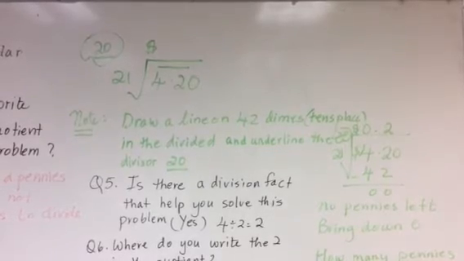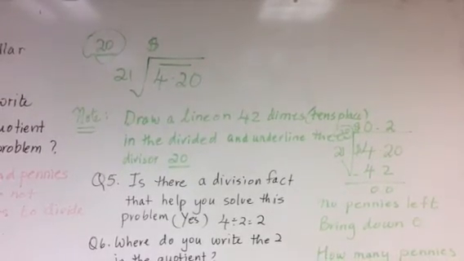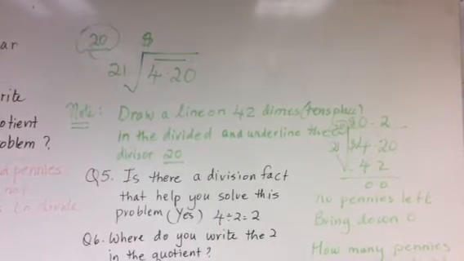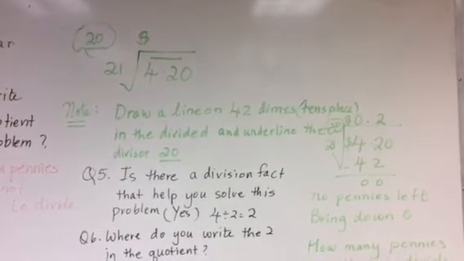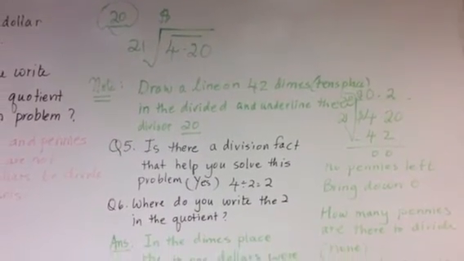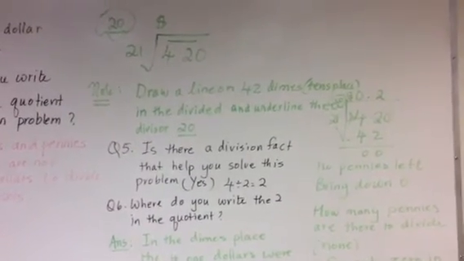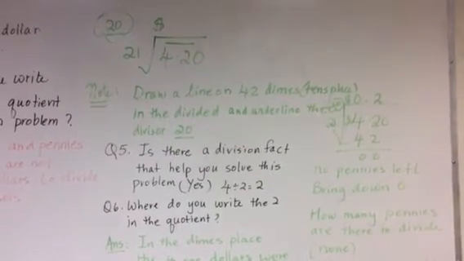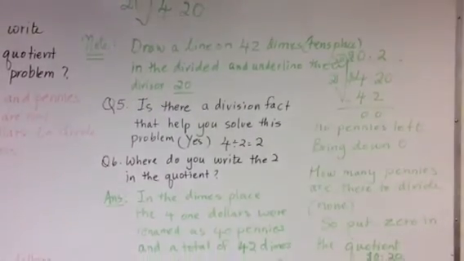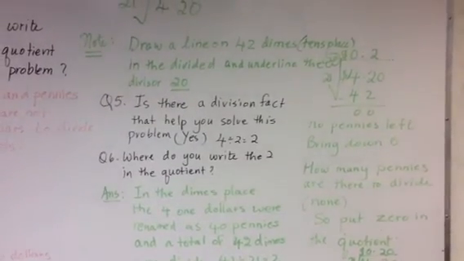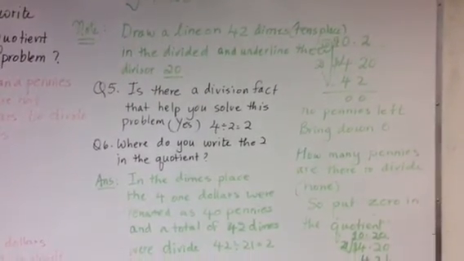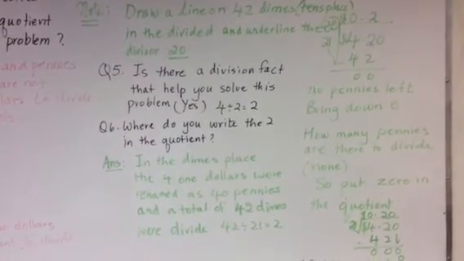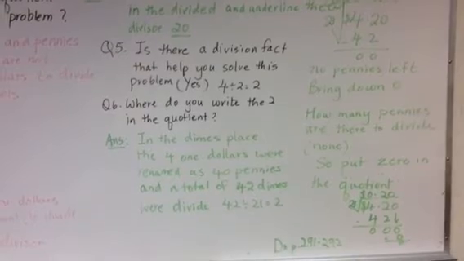So now that 42 is 42 dimes, because $4 has 40 dimes in it, and 40 plus 2 is 42. Is there a division fact that you can use to solve this problem? Yes, 4 divided by 2 will give you 2. Where do you write the 2 in the quotient? In the dimes place. The 4 $1 have been renamed as 40 dimes, and a total of 42 dimes were divided. 42 divided by 21 is 2.